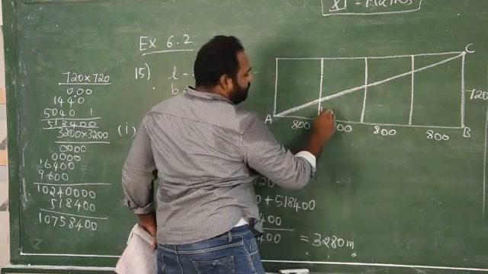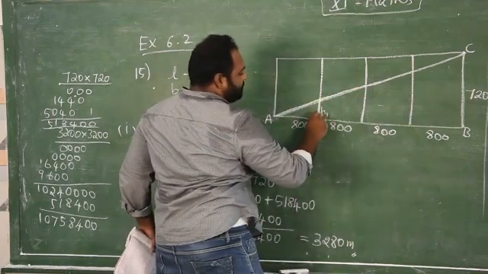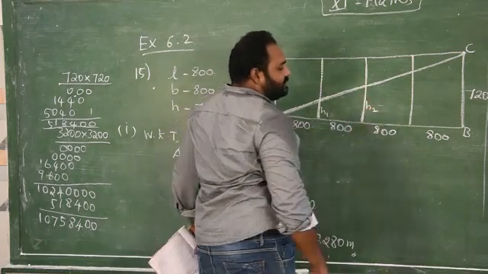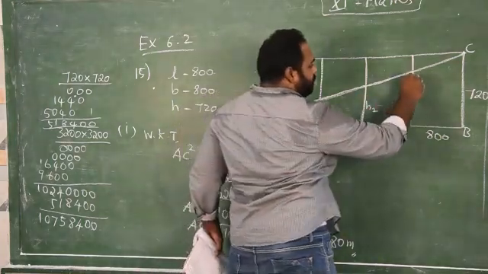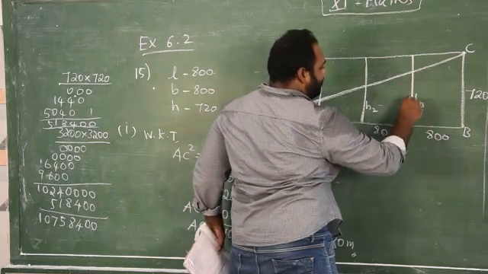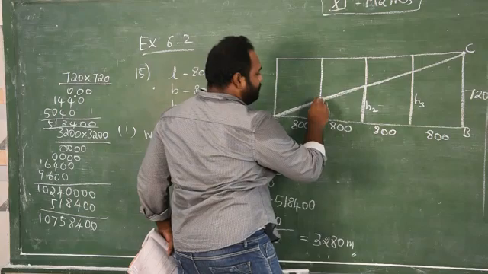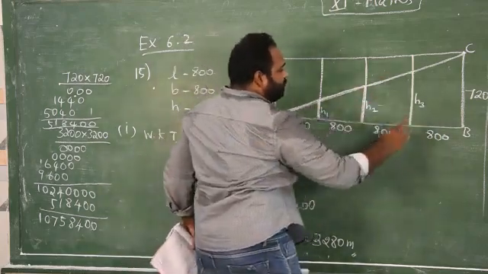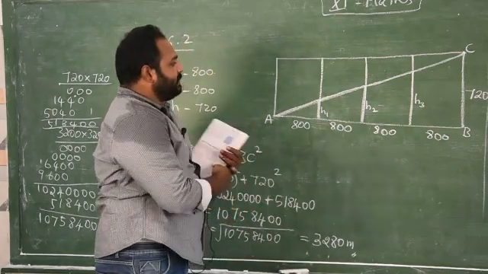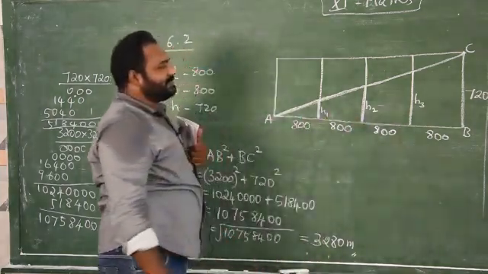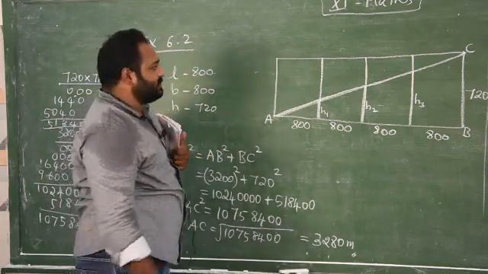They are asking us to find the height of this first change of direction, this second change of direction, and this third change of direction. So these three heights are asked. To find these three heights, I am going to construct the x-axis and y-axis in the diagram.